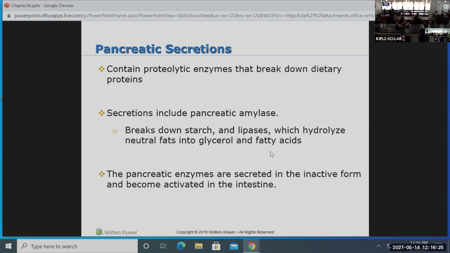We call it salivary amylase, and this is called pancreatic amylase, which means it's coming from the pancreas. What it does, it breaks down starch into monosaccharides and disaccharides, and the lipases hydrolyze neutral fat into glycerol and fatty acid. Lipases for fat and amylase for carbohydrate.